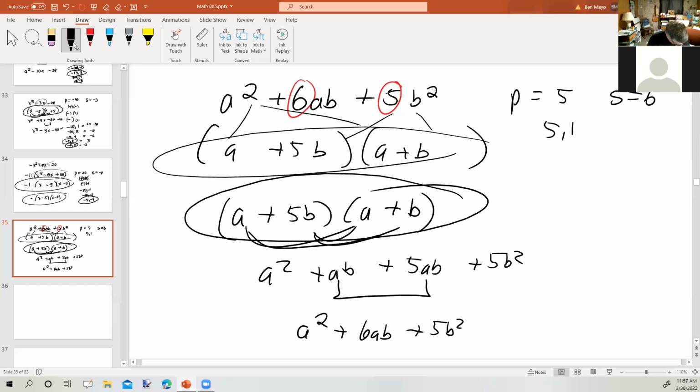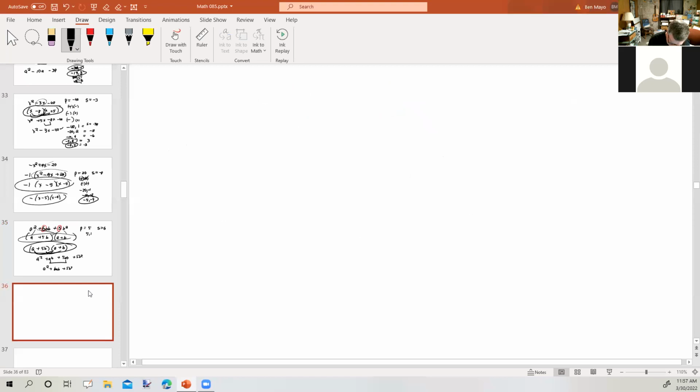Okay, now about this one. 3y squared minus 21y plus 18. Well, this is a trinomial, and it is in standard form or descending powers of y.